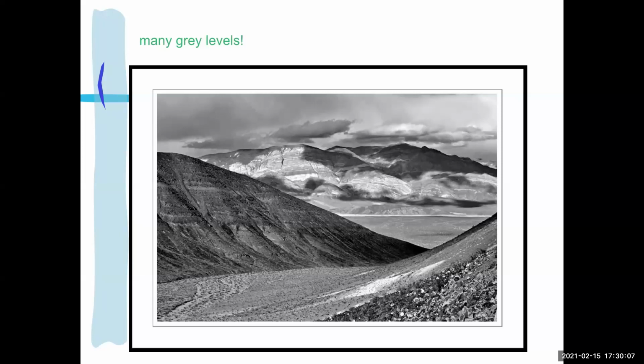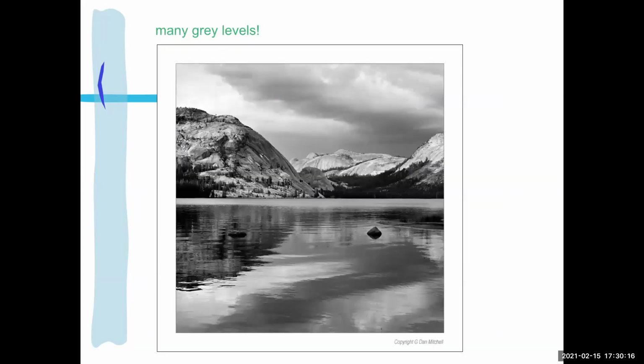The answer is I don't know, because it actually depends on what you're looking at this on and your display ability. But we could say a lot of gray levels. Being a biologist, we sometimes are very loose with our math and we go, oh, that's a lot. So I'm just going to say a lot of gray levels. Thank goodness we have computers to do this counting for us, as you'll see later.